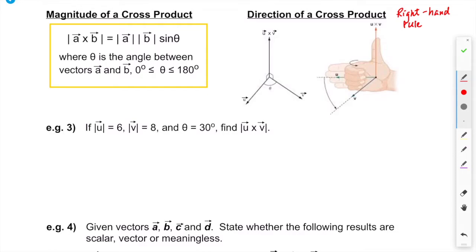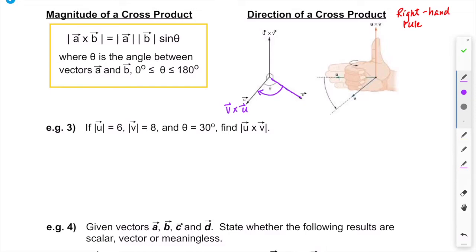So now I want you to try this. What is the direction of V cross U? So you line up your fingers along V. This time you curl towards U. Okay, you must curl towards U using your right hand.